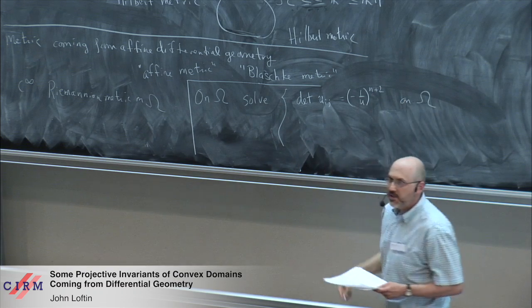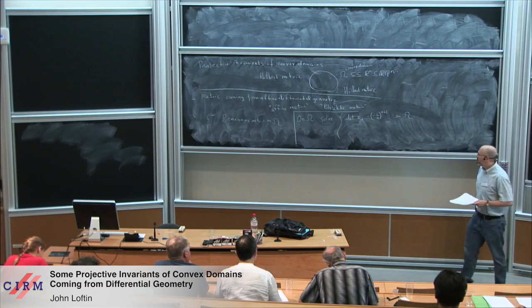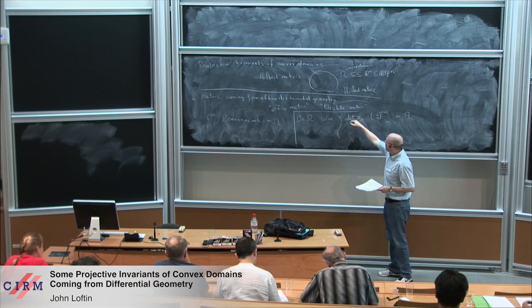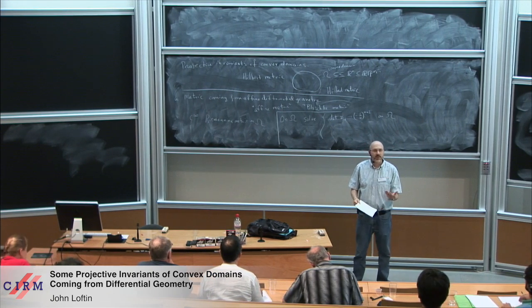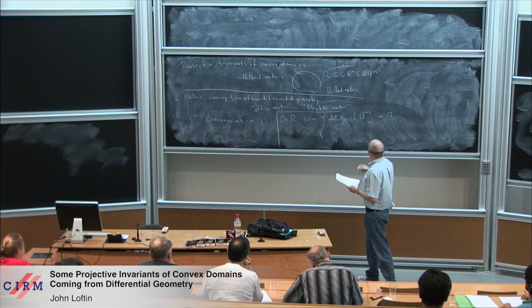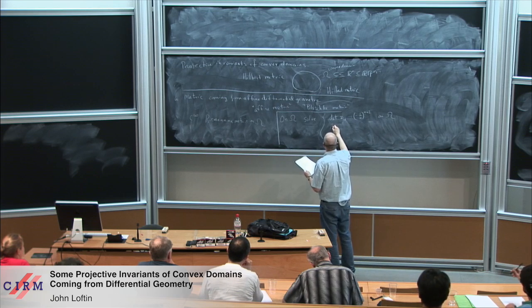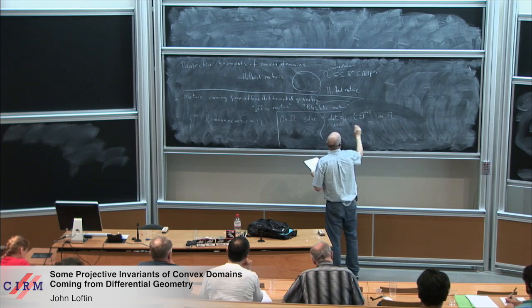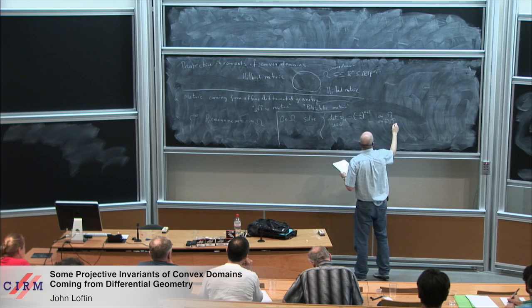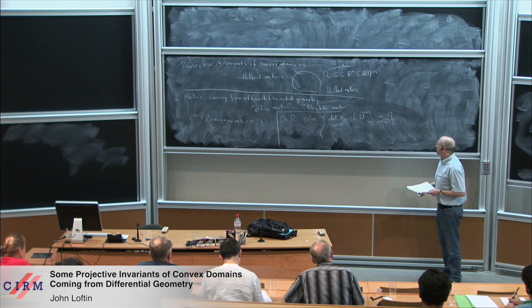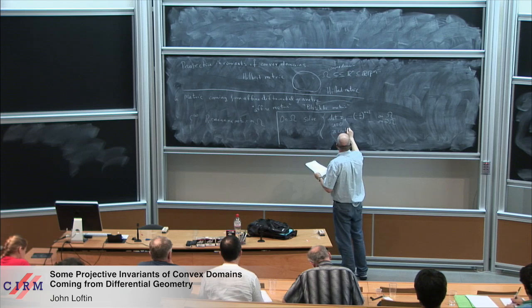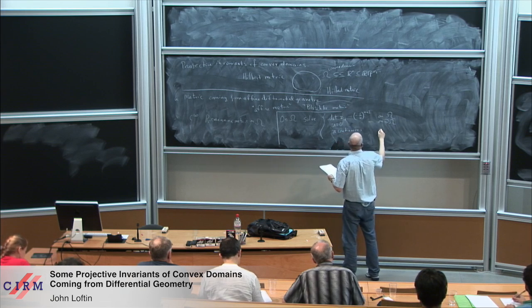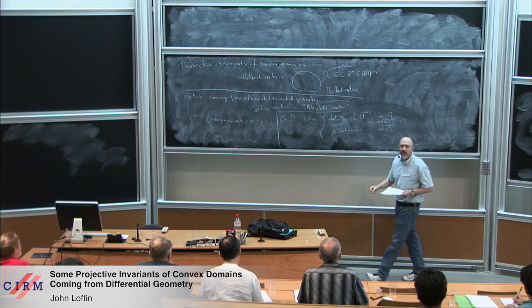u_ij is just the Hessian. So the real Monge-Ampere operator, the determinant of the Hessian, is equal to minus 1 over u to the n plus 2 power on omega, and then we have the Dirichlet condition: u is equal to 0 on the boundary, and of course u is continuous to the boundary.